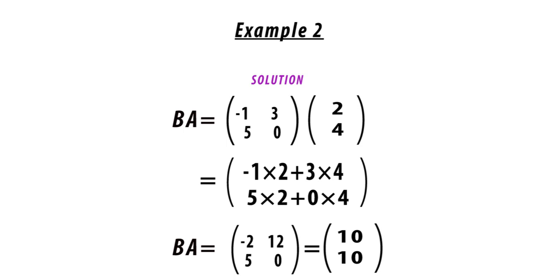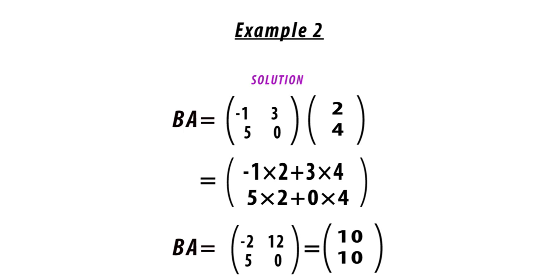We'll simplify this to have matrix BA equal to -2 plus 12, 10 plus 0, which is equal to 10, 10. Therefore, the matrix BA is equal to 10, 10.